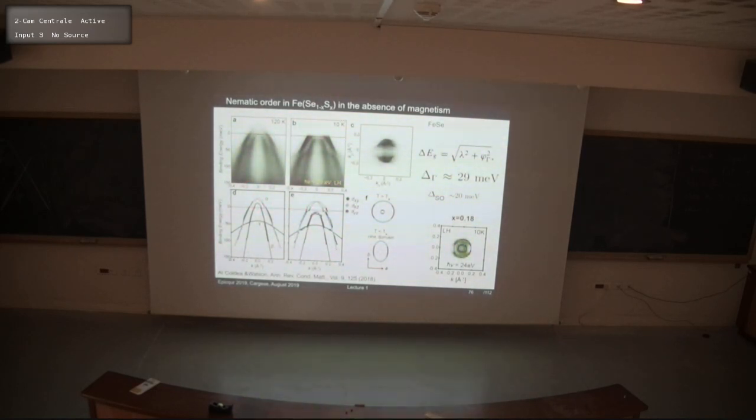The inner hole band is pushed down, and the outer hole band is pushed up, and this type of enhanced splitting is caused both by orbital ordering effects, by the nematic state, and also by the spin-orbit coupling. And this is the way we can estimate the size of this orbital order of about 30 millielectron volts and of the spin-orbit of about 20 millielectron volts.